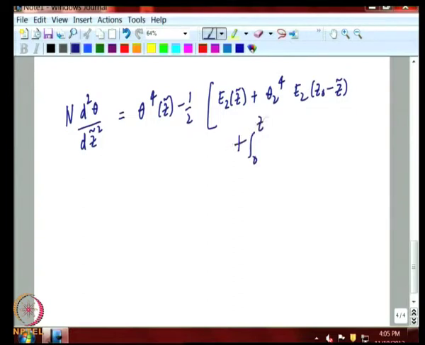So, we see this equation now is much easier to use because of the non-dimensionalization that has been done.